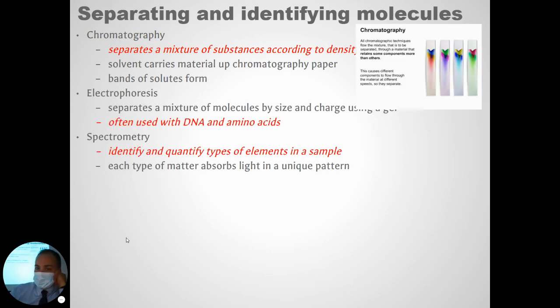What you do is place a sample of some liquid with a mixture of pigments in it. And then you hang the paper so that the bottom edge is in a solvent. And the solvent will work its way up the paper.